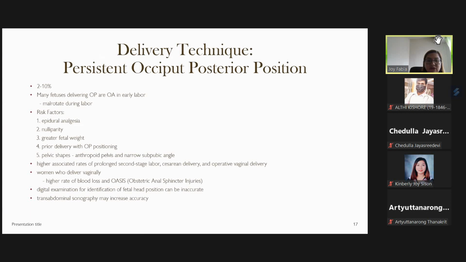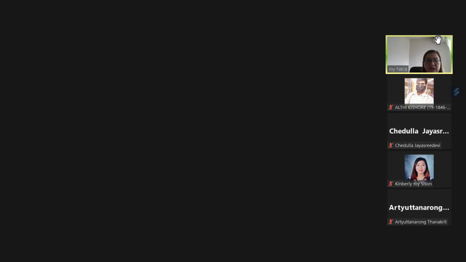Many fetuses delivering occiput posterior are actually occiput anterior during early labor. So there is a malrotation during labor, nagiging occiput posterior siya. Most of the time, mataas yung chance na ma-cesarean if you have a persistent occiput posterior, or sobrang hirap talagang mag-deliver yung mother kapag persistent occiput posterior or POP yung baby.